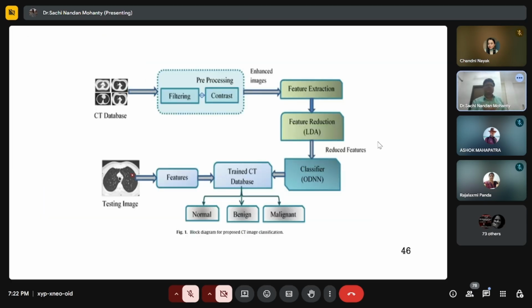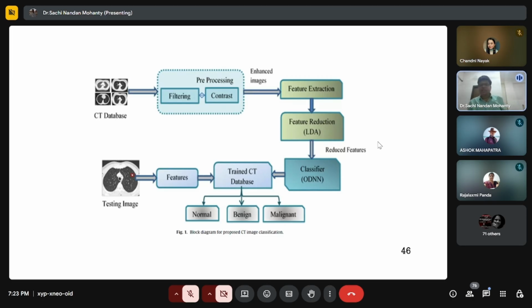In this part we have the CT database, 500 images, and all the images pass through pre-processing. After pre-processing, the enhanced images go to feature extraction, then you pass them to LDA, linear discriminant analysis, just like principal component analysis. Then the reduced features I pass to the CNN.